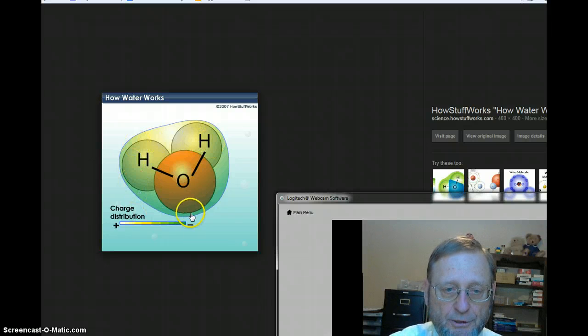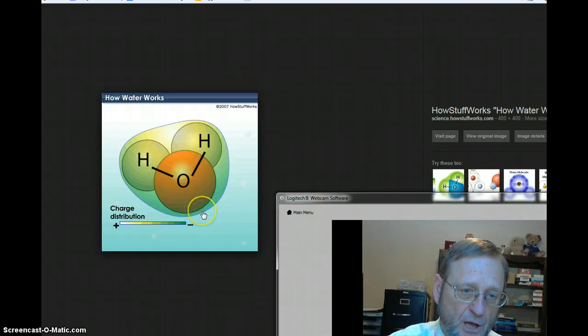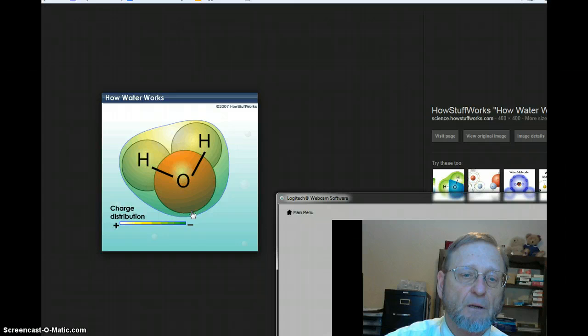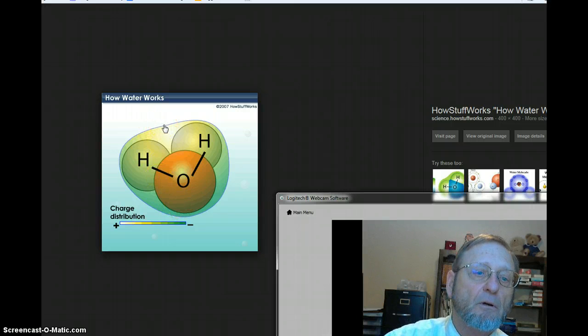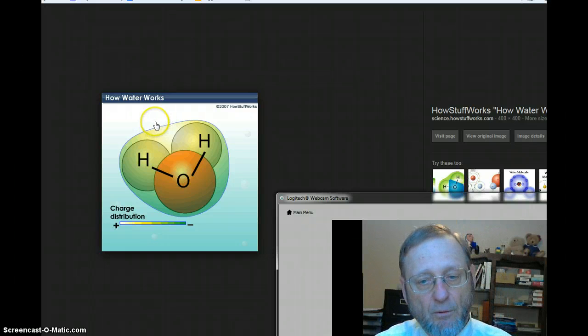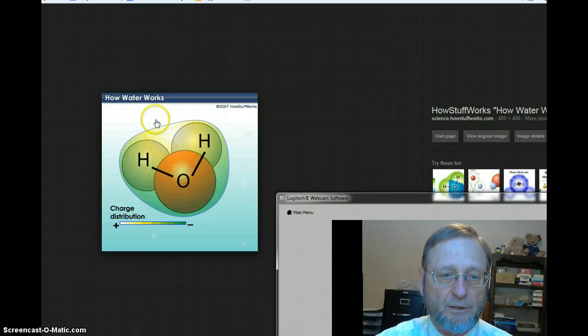It's also why water is a universal solvent, because this negative end of water molecules can surround positive ions that have dissociated from crystals in the water, and they become suspended. The other end of the water molecules can surround the negative ions in the water, so that one can be suspended.